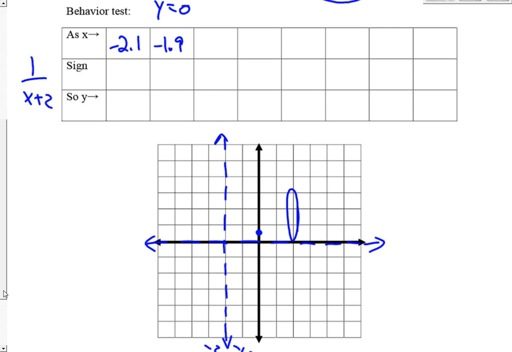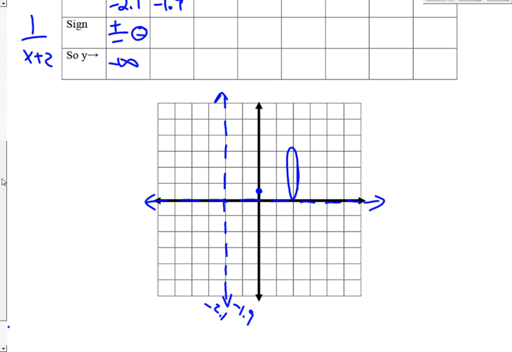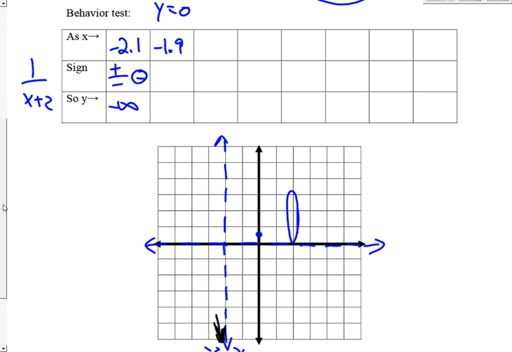And what's the sign of the numerator? It's positive, right? It's not ever going to change. So positive. And if we plug in -2.1 for x plus 2, we're going to get negative. And a positive divided by a negative is equal to a negative. All right, so that means our y value is going to -infinity, which means the arrow will be going down. Okay? The arrow will be going down on the left-hand side of the graph.